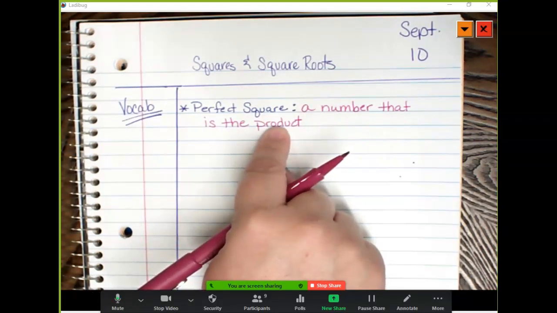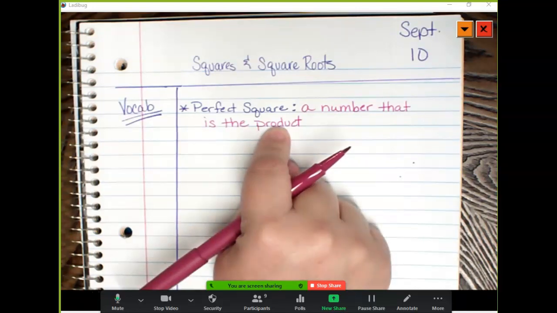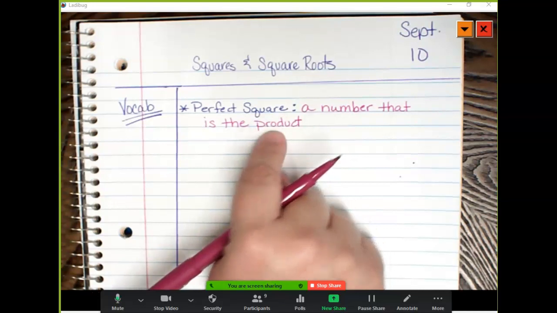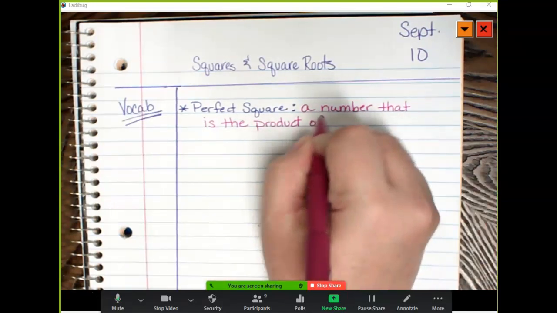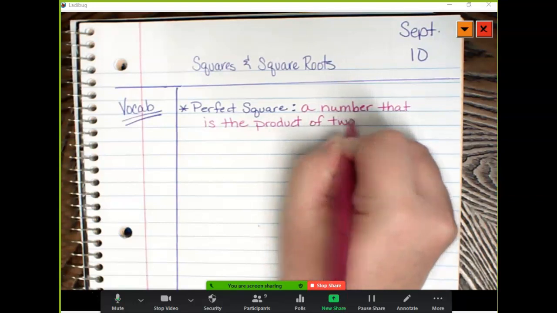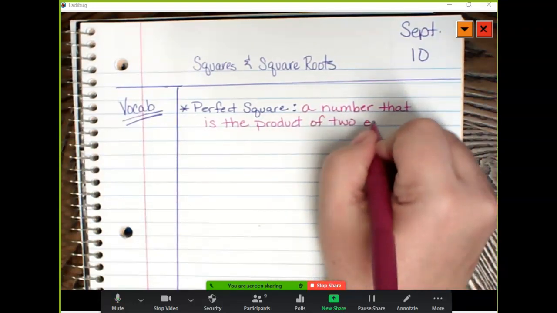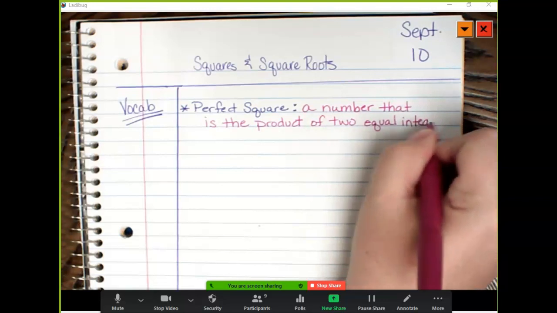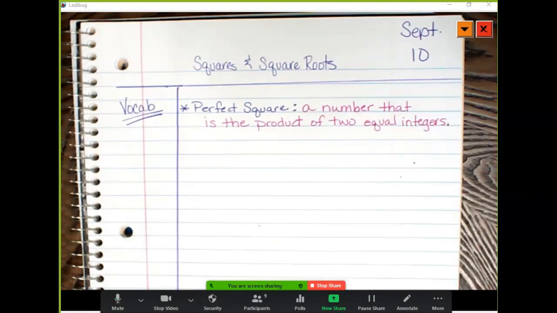Is it add, subtract, multiply, or divide? You can say it. Not close. It's multiplying. Product means to multiply. So a perfect square is a number that is the product of two equal integers.